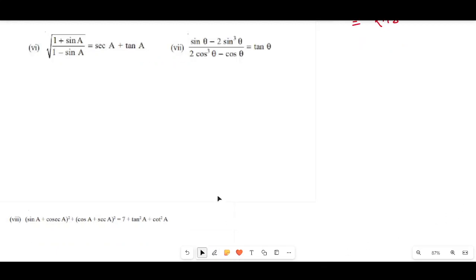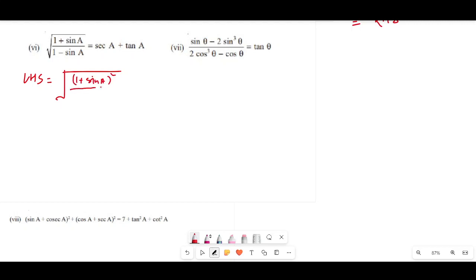Now here 1 plus sin A upon 1 minus sin A under root, then left hand side of this question, left hand side is, then we simplify it. If any question is given under square root, then we should simplify first, the denominator, reverse the sign, because we will make a formula A minus B into A plus B. So here it will be 1 plus sin A whole square.